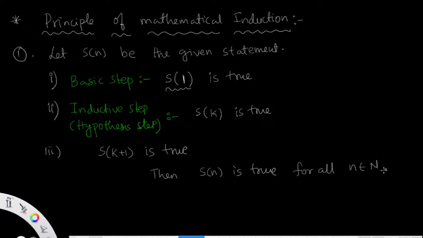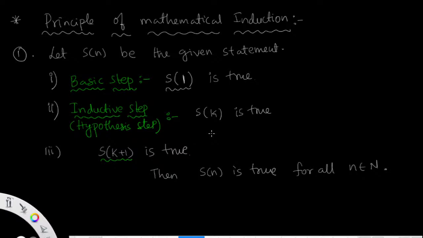First treat the given statement as S(n). The basic step is to put n equal to 1 in the given statement. The statement will be true, we can write S(1) is true. The second case, the inductive step: let it be some number 1, 2, 3, 4, 5, and another number, let it be some k.